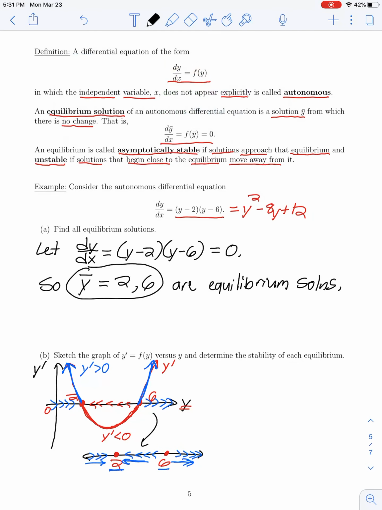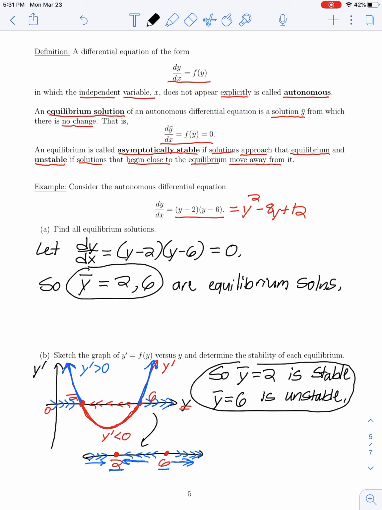So the terminology that we would use is, we would say that the equilibrium y bar equals 2 is stable. Solutions are moving towards 2, whereas y bar equals 6 is unstable. We are moving outward from that equilibrium.